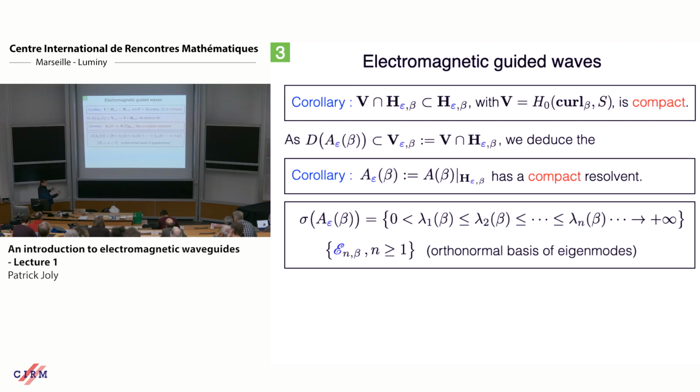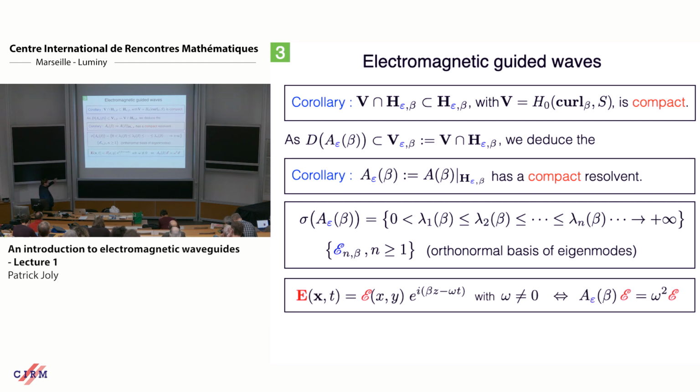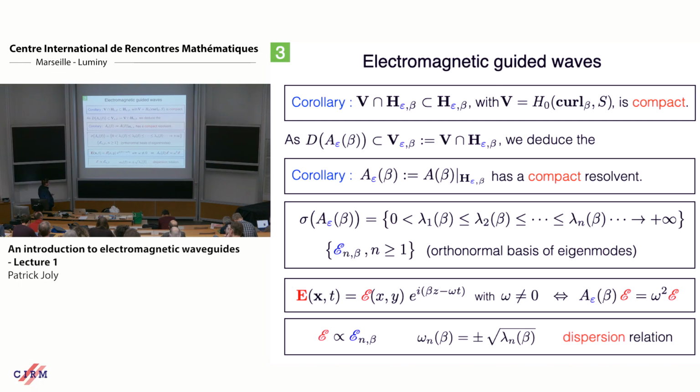So it has a sequence of eigenvalues that goes to infinity with an orthogonal basis of eigenmodes. And the solution to the guided wave problem consists in taking E proportional to one of the eigenvectors and omega n given by the dispersion relation, as in the acoustic case.